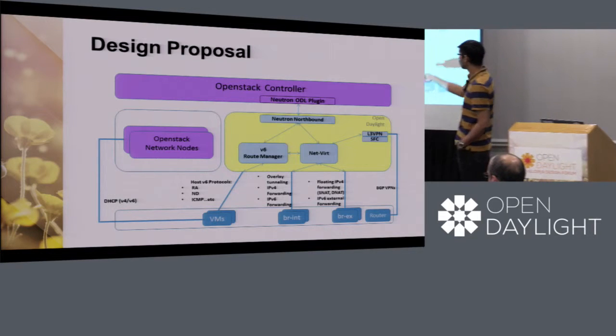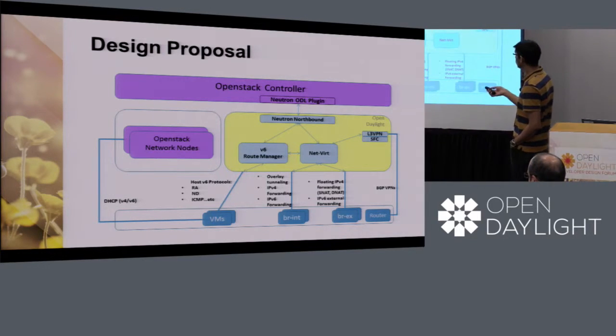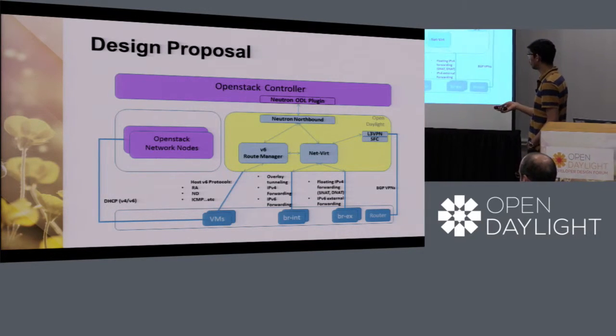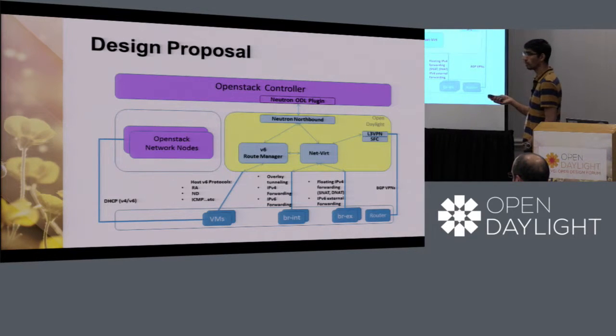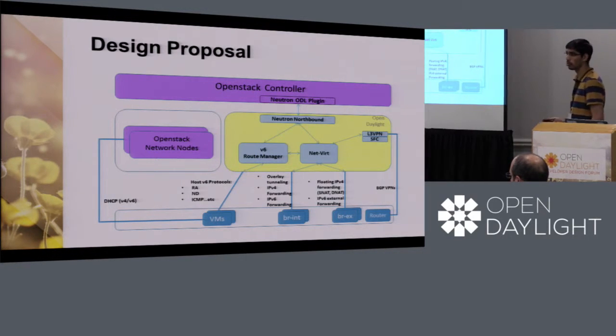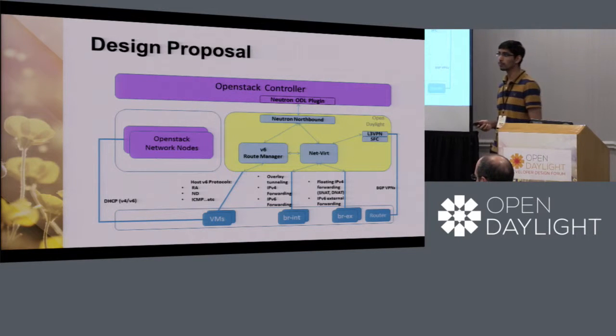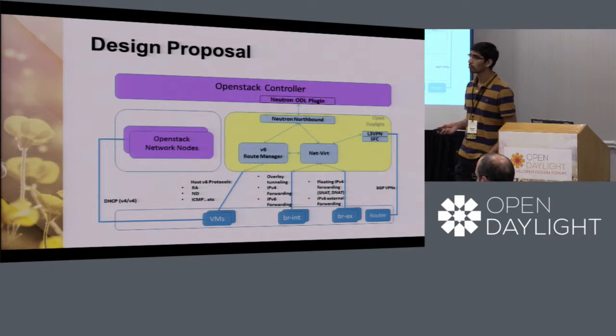As you are suggesting, instead of this v6 route manager, we could have a service VM instance per tenant network. We have to see if it addresses all of our functionalities, so that can be an alternative solution here. My concern would be scalability. Correct.